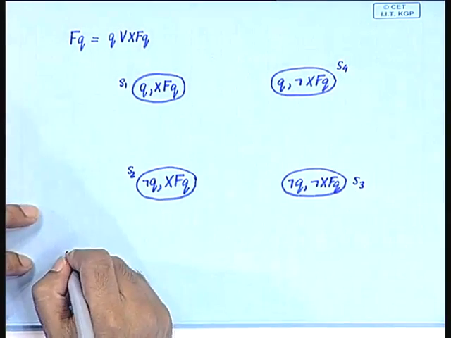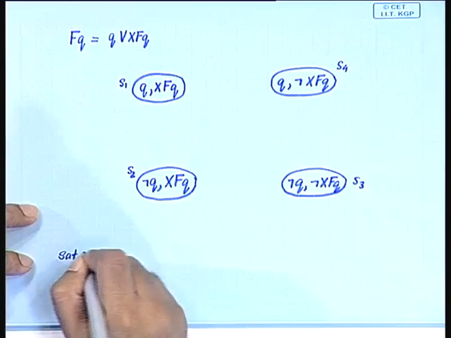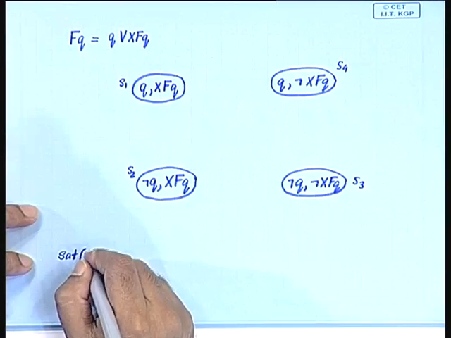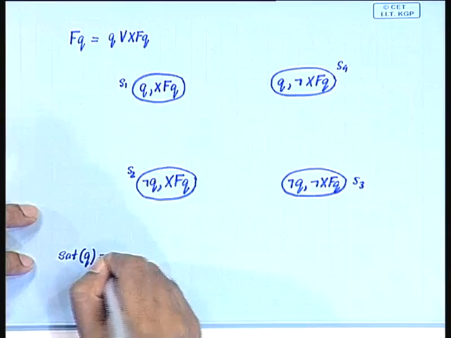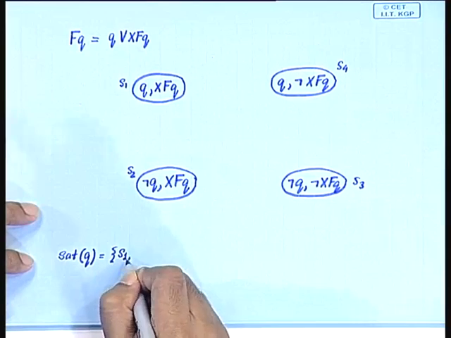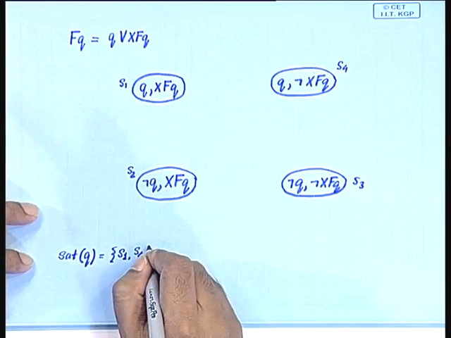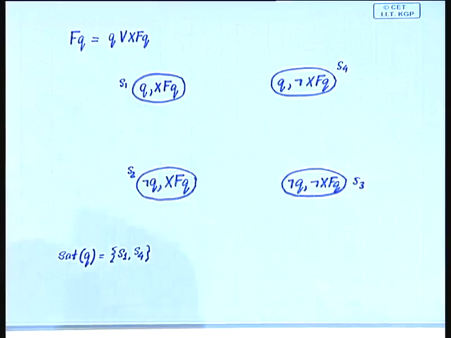What is sat of Q? Sat of Q is S1, S4. Why?